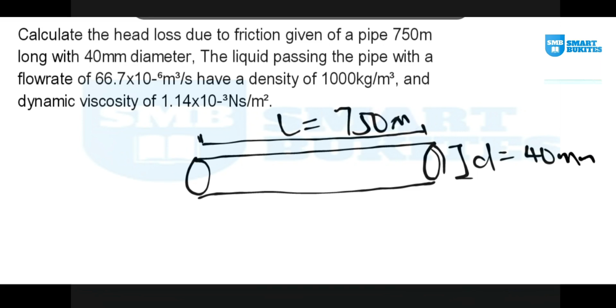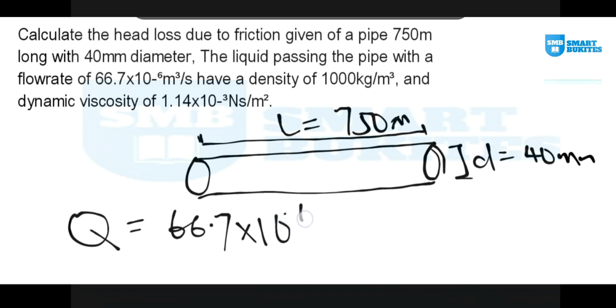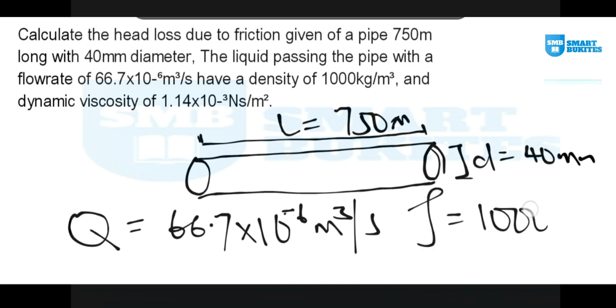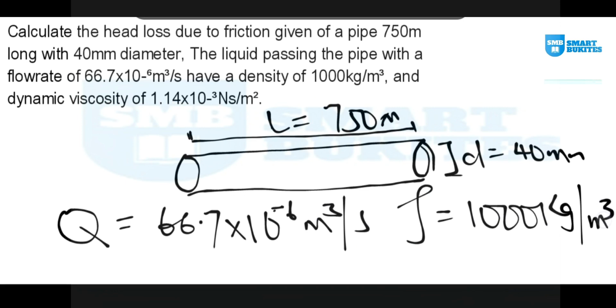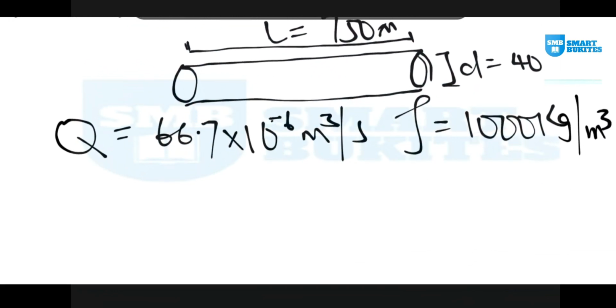The liquid is passing through with a flow rate, that's Q, of 66.7 times 10 to the power of negative 6 meter cube per second. The fluid has a density of 1000 kilogram per meter cube, which shows us that it's water passing through the pipe.